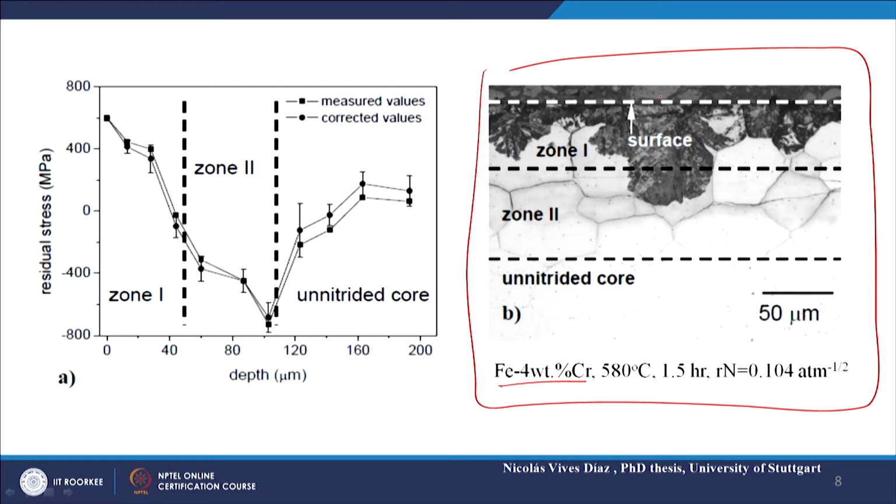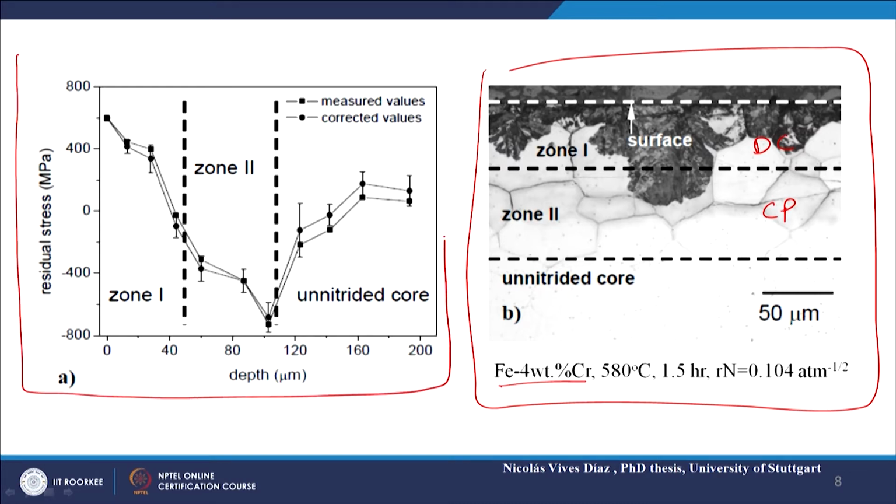You have this DC region, that is zone 1, and zone 2 is the Cp region. And what is shown on this side is the residual stress level at different depths below the surface.